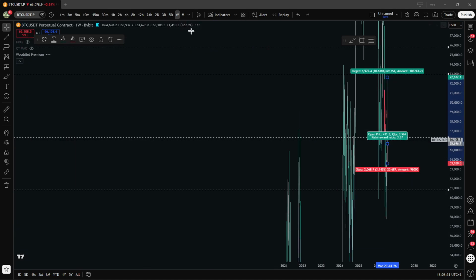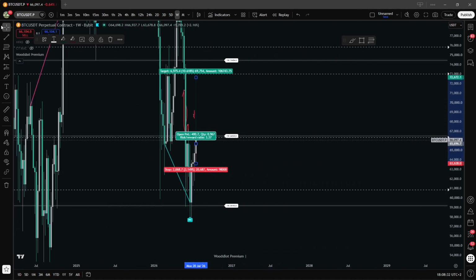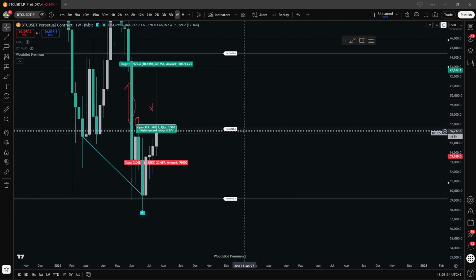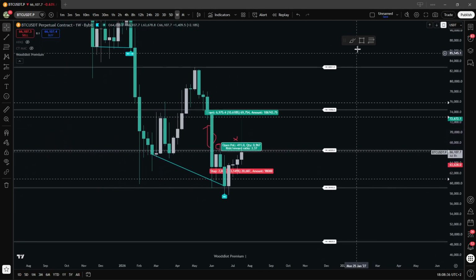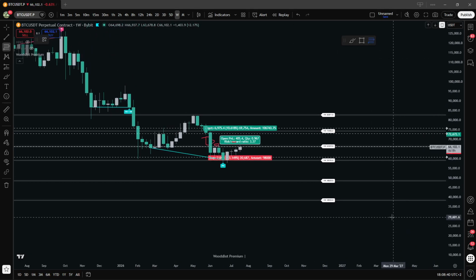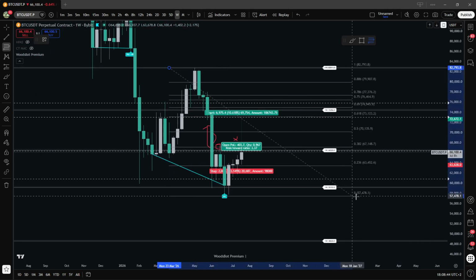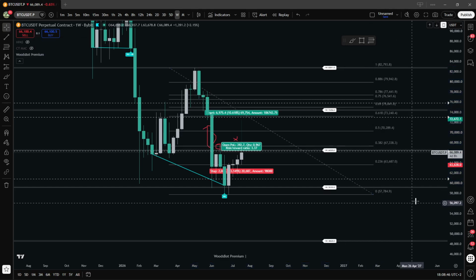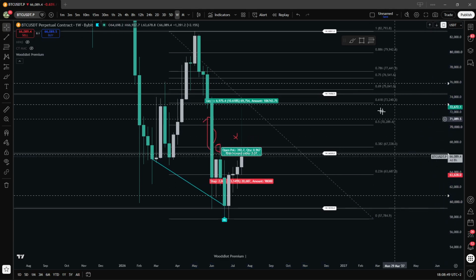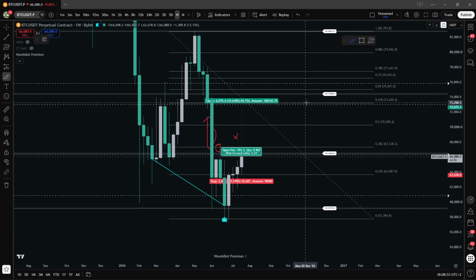Because if you look at the higher time frame, you can see that Bitcoin is still in a downtrend, right? It still made lower highs and lower lows. And if we do our Fibonacci, we can see our Fibonacci levels where I would be interested in shorts is around 73k towards 79k.